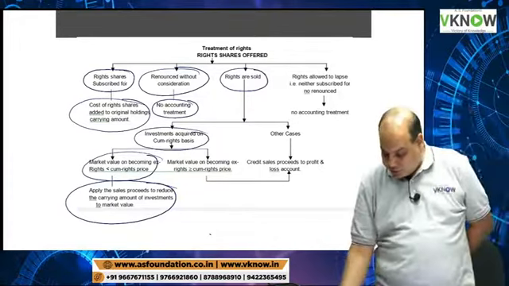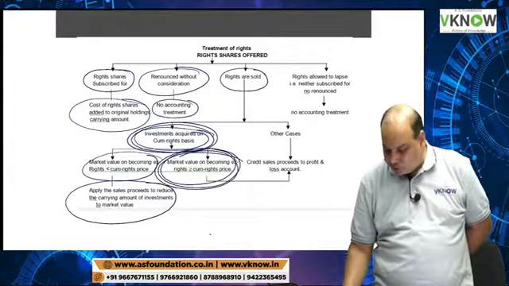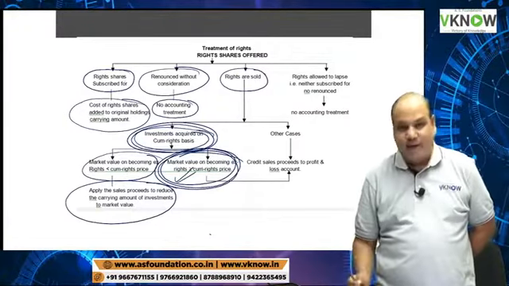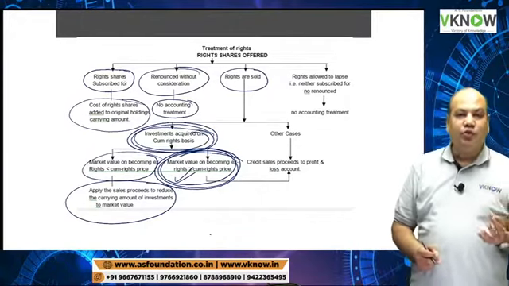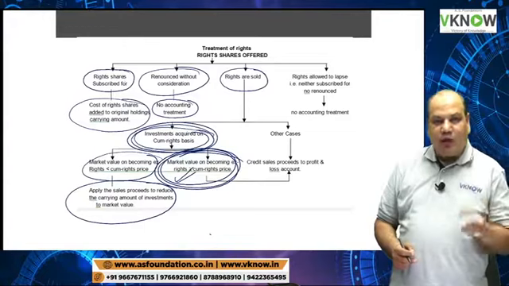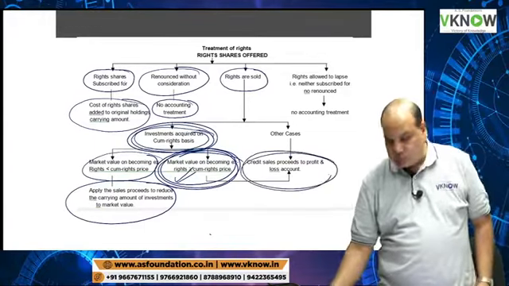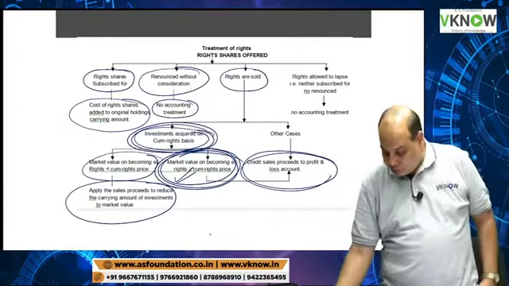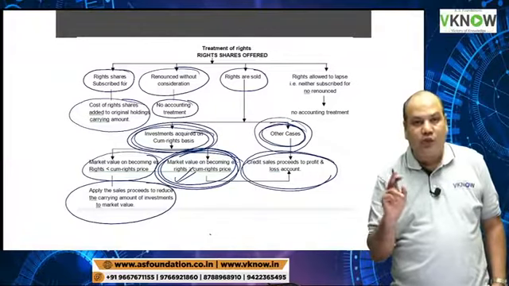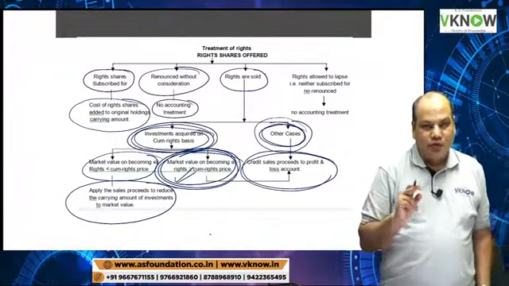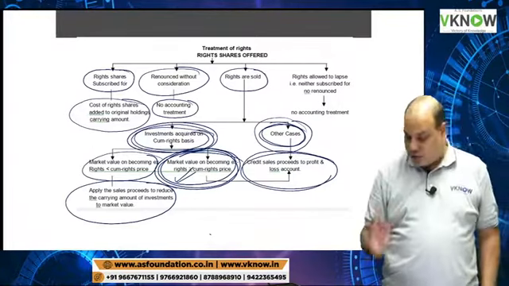And if the shares are acquired on cum-right basis but the market price is higher, you will credit it to the P&L account. In other cases also, when shares are not purchased on cum-right basis, sale proceeds of rights will be credited to the P&L account.